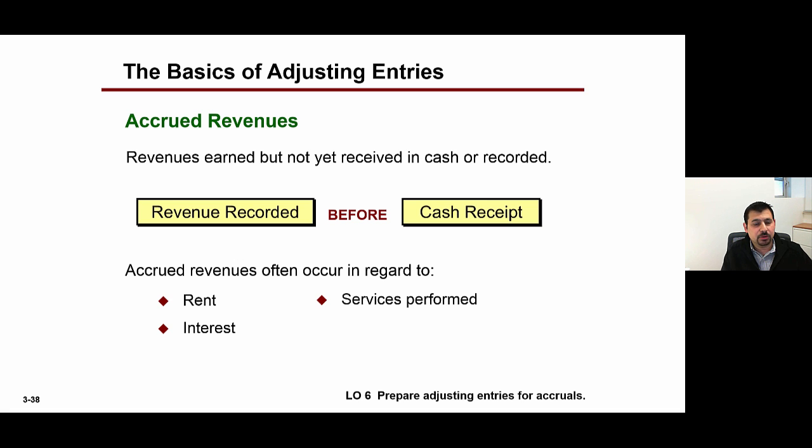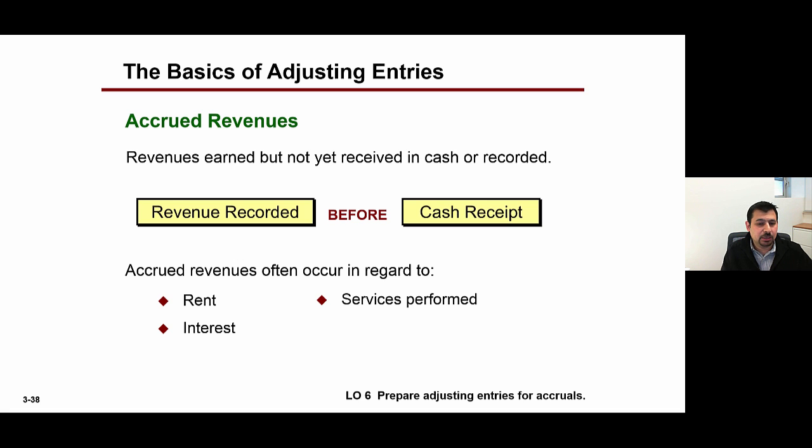So when deferrals were received, the cash was exchanged before providing the service or making the sale. With accrued revenues, it's actually the other way around. Here we have a revenue that we have earned, but we did not receive cash, and this is where we talk about receivables.